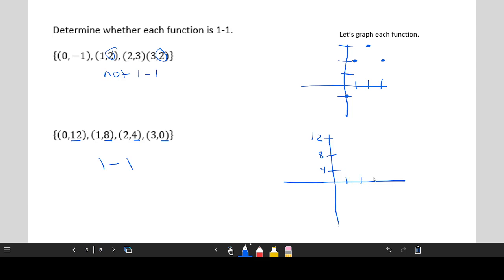And then we'll go ahead and draw in the second one here. So we have the points (0, 12), (1, 8), (2, 4), and (3, 0).